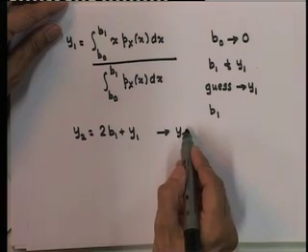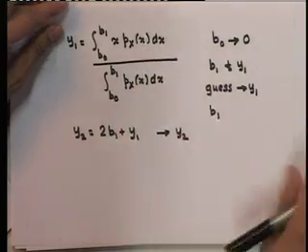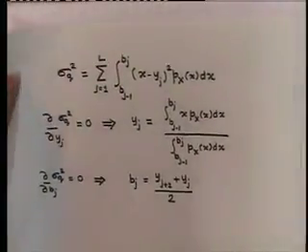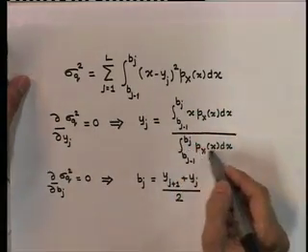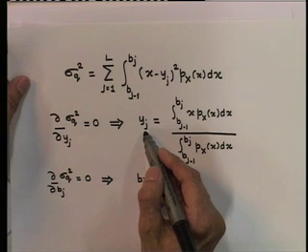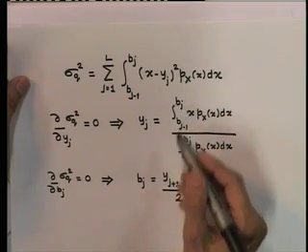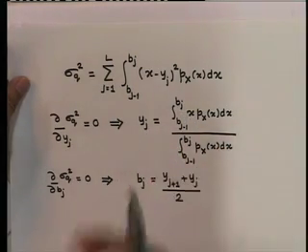Now, this value of y2 can be used in this equation with j equal to 2 to find b2, which in turn can be used to find y3.